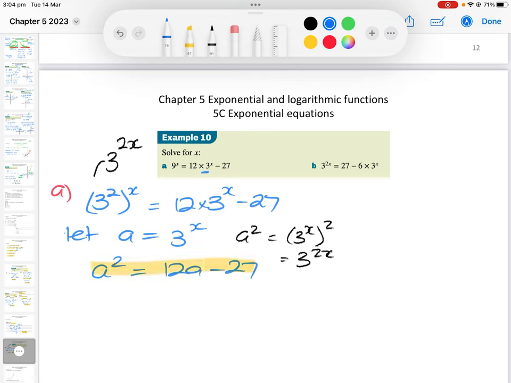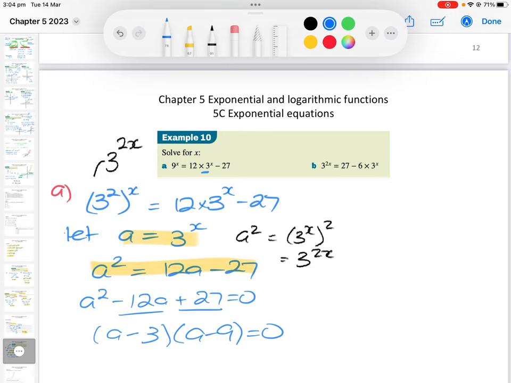Once you recognise that you can do this substitution and make a equal 3 to the x, it tends to work okay. So we go a squared minus 12a plus 27 equals 0. So we look for factors of plus 27 that add to minus 12. So I'd think a minus 3, a minus 9. Because minus 3 take 9 is minus 12, minus 3 times 9.